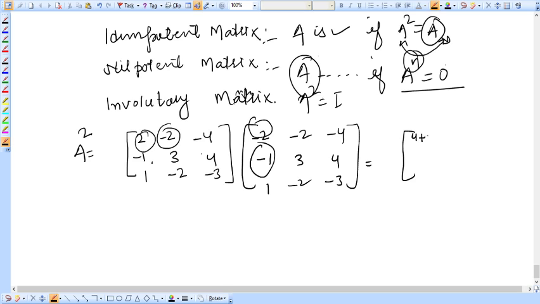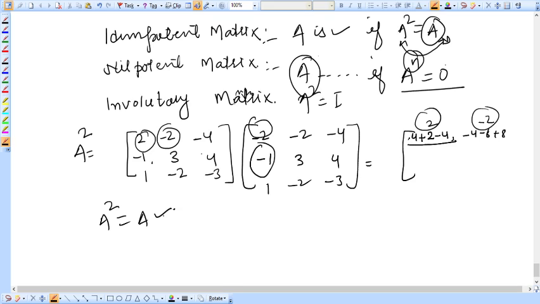Secondly, you multiply first row and second column, minus 4 minus 6 plus, so this is equal to 2 and this is equal to minus 2. Obviously it is repeating, it is the same as A. Therefore we can say A square is equal to A, thus this matrix is idempotent.